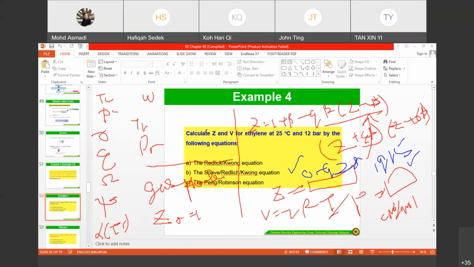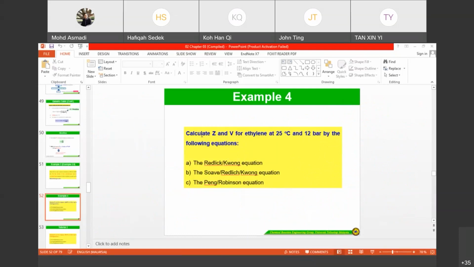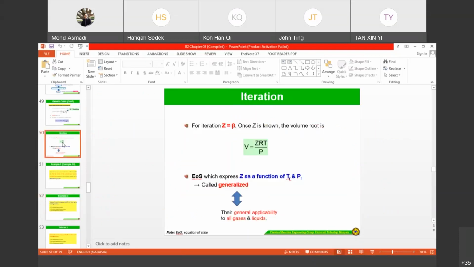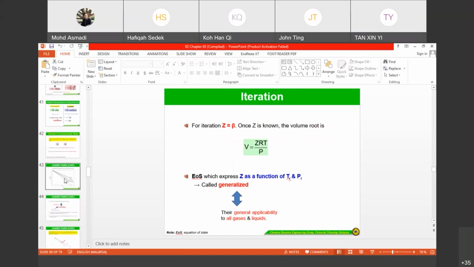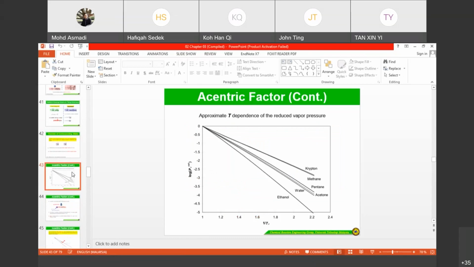Okay, for B and C, it is similar. The only difference, if you look there, is that they have an omega. So this is why we use the omega. As I told you, there is a deviation for other components.